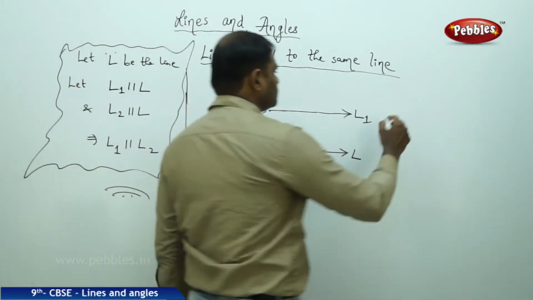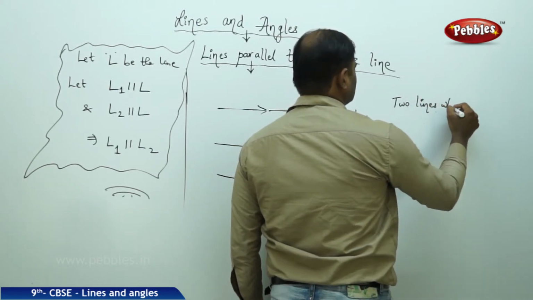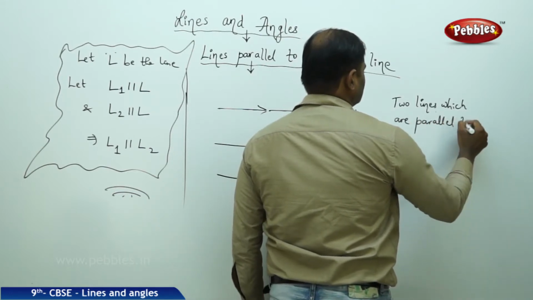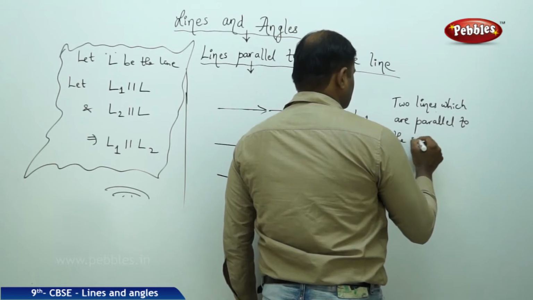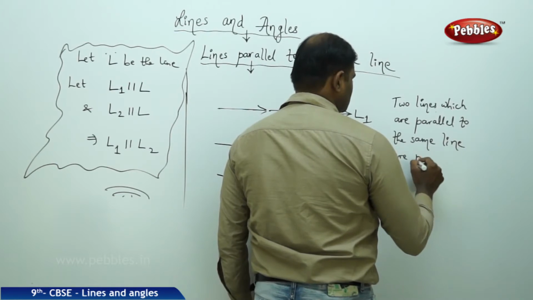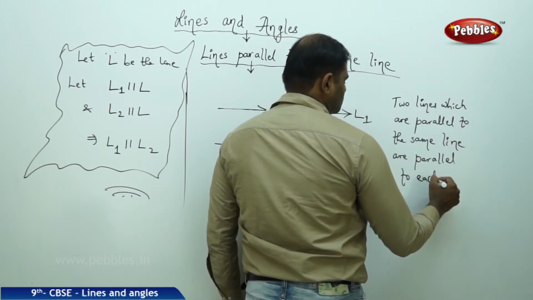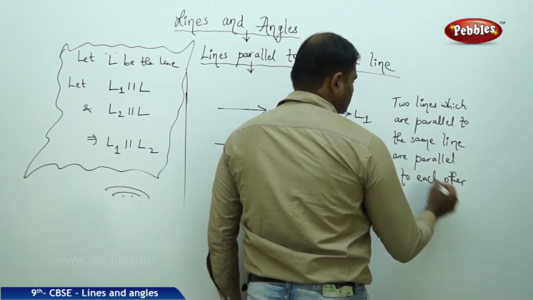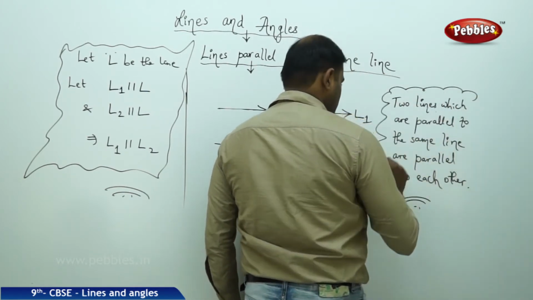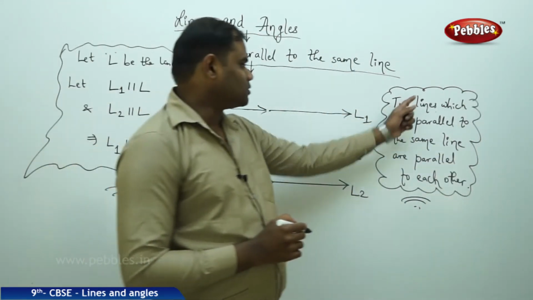So here we have two lines which are parallel to the same line, are parallel to each other, is how we understand the property connecting two lines which are parallel to the same line.